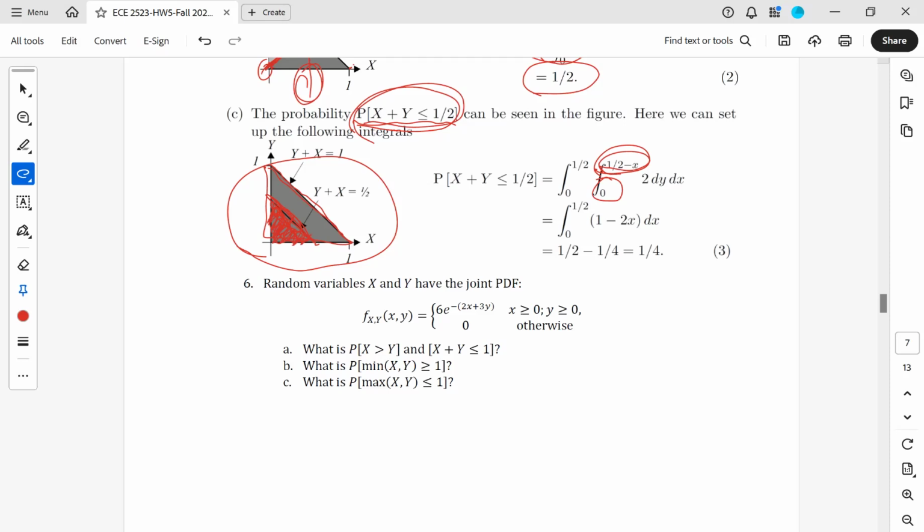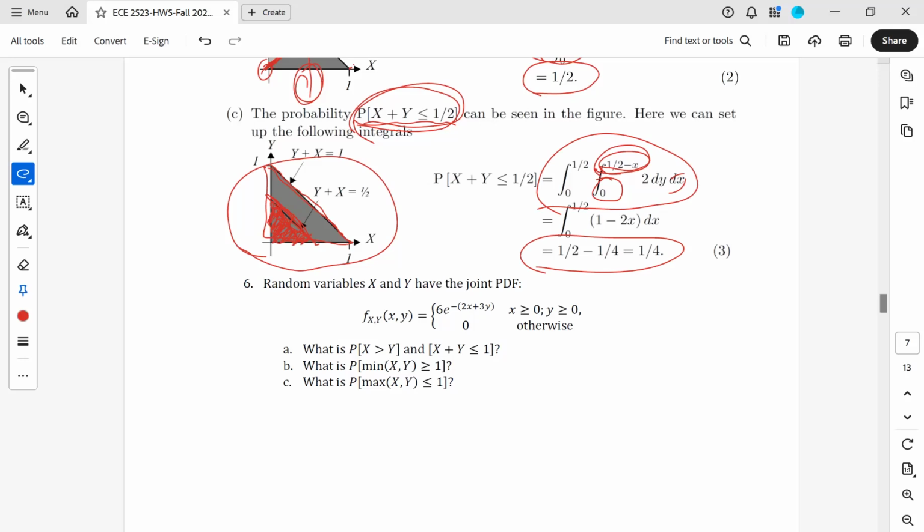Whichever is stricter will affect the upper and lower limits of your integral. Based on that, you do the integrals over y and x, and you have the value for the probability of that event. Any question regarding how to calculate the probability of an event based on the PDF? Are we good?